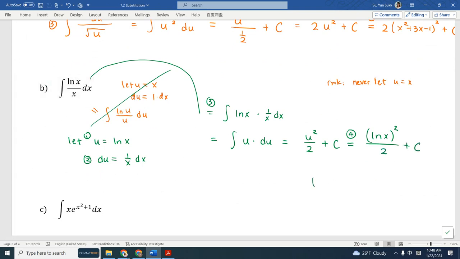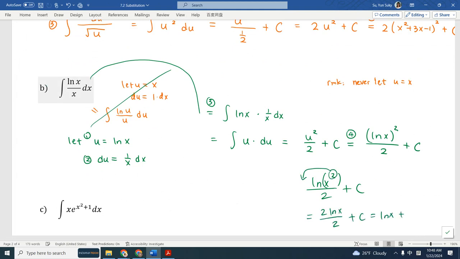By the way, can I write ln x squared over 2 plus c? Can I do that? No. Be careful. What does this mean? Usually this would mean ln of x squared. Oh, ln of x squared, you can move the square in front. So this is 2 times ln of x over 2 plus c.